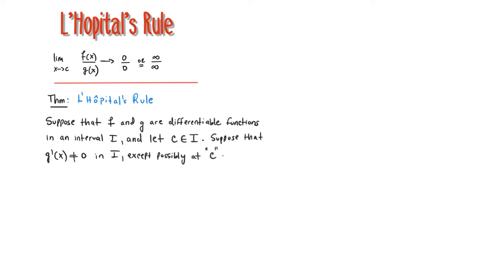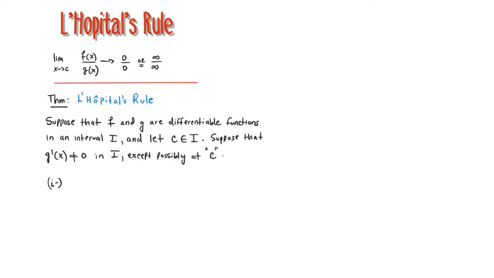We're talking about limits, and limits are concepts about neighborhoods. We don't care exactly what happens at c. We care about what happens around it. And around it, we want the derivative of g to be non-zero. So if these two initial conditions are satisfied, then this is what L'Hopital's rule is saying.